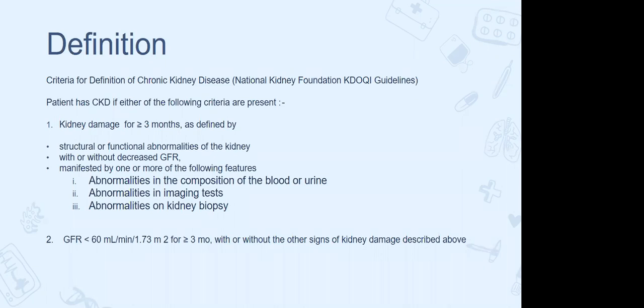So this is the first criterion. Or the second criterion is when the glomerular filtration rate is less than 60 milliliters per minute per 1.73 meter squared of body surface area for at least 3 months and more, with or without the other signs of kidney damage described above. Next.